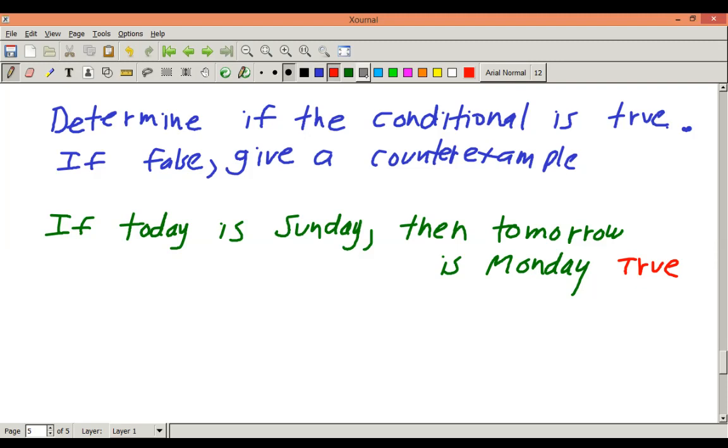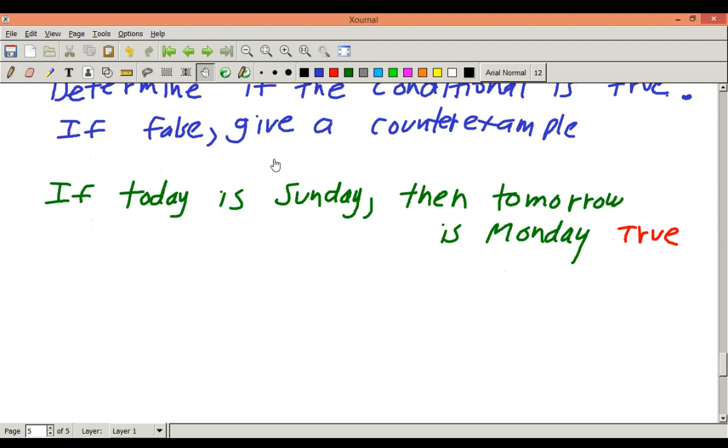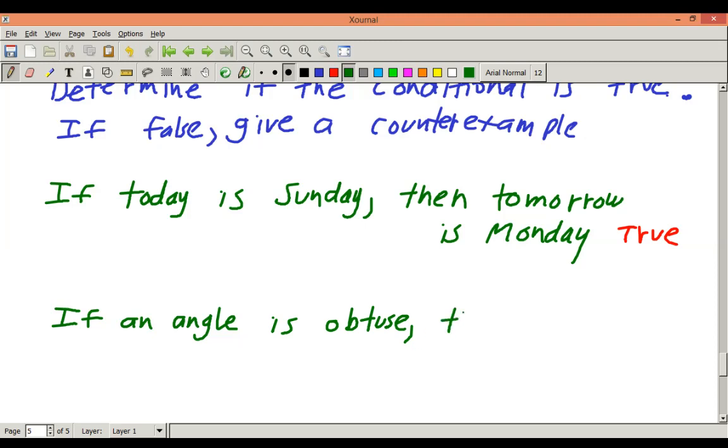Let's take another one. If an angle is obtuse, then it has a measure of 100 degrees. Okay, this statement's false, and all I have to do to prove it's false is come up with one counterexample.